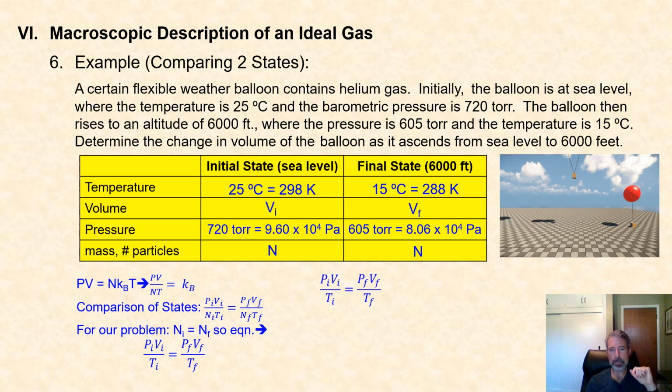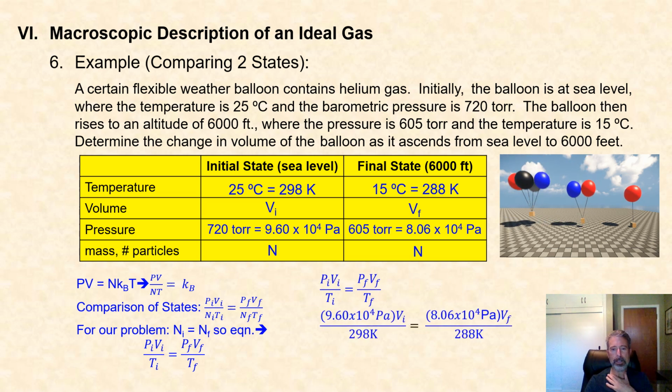So taking this and plugging in our quantities from our matrix above, we see that we don't have either the initial volume or the final volume, but we can express one in terms of the other.